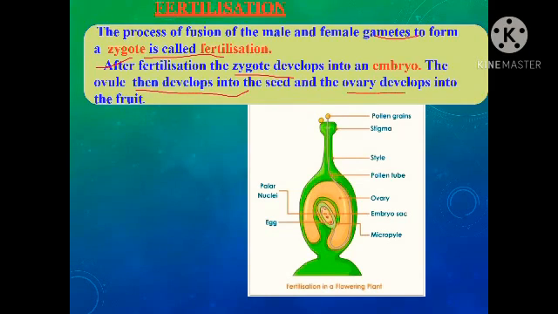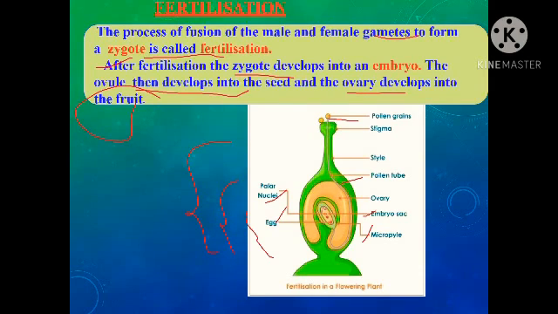You can observe in the diagram fertilization in a flowering plant, with the pollen grains, stigma, style, pollen tube, ovary, embryo sac, micropyle, egg, and polar nuclei. Fertilization in a flowering plant is observed in this diagram.